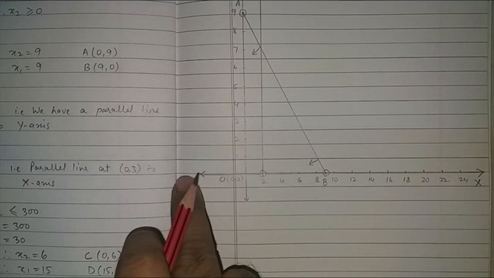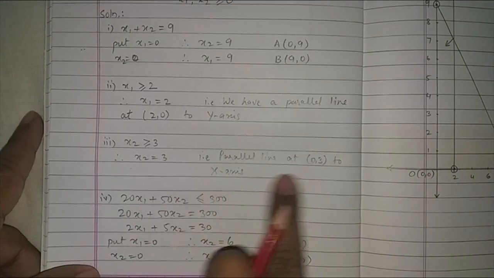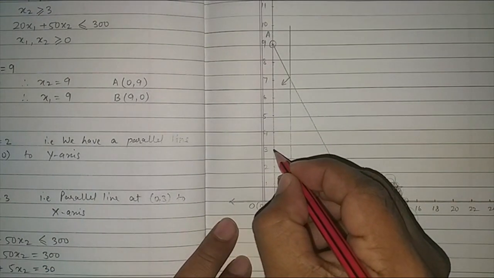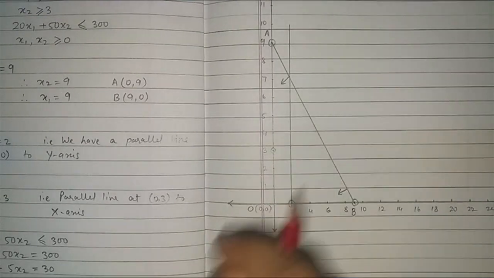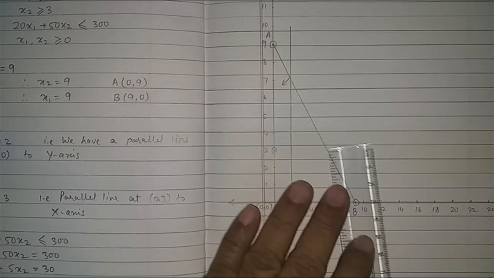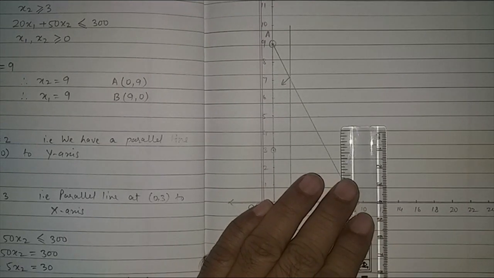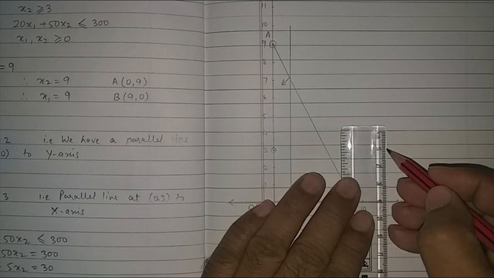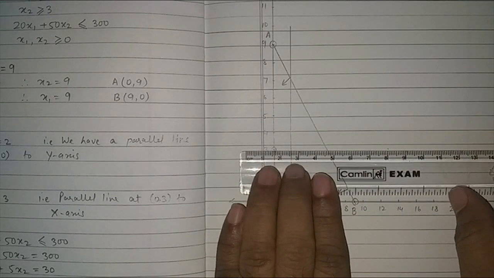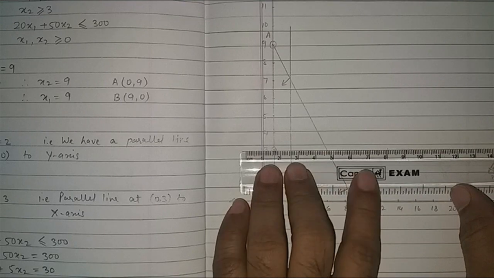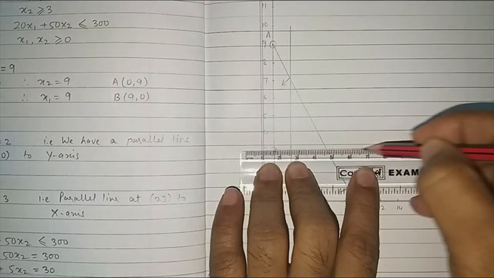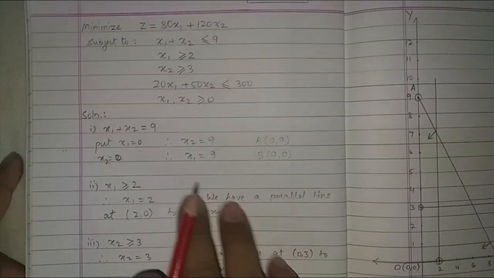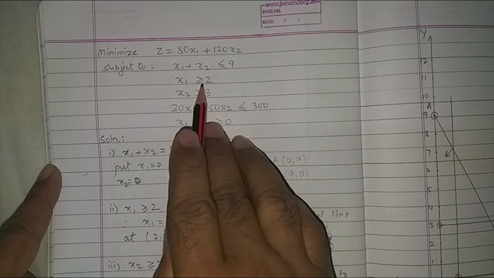We'll leave this as it is. The next one is again a parallel line to your x axis at 0 comma 3. So this is my 3 here. From this point I will draw a parallel line. Now again, what about the arrows? x1 was greater than equal to 2.